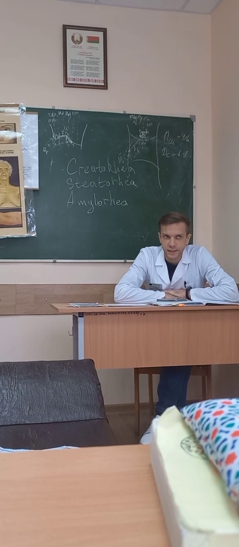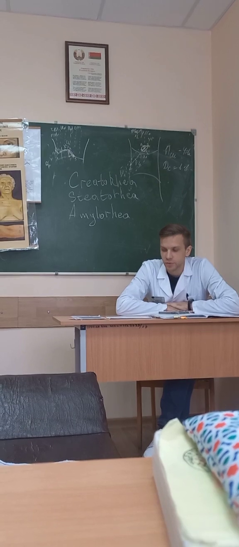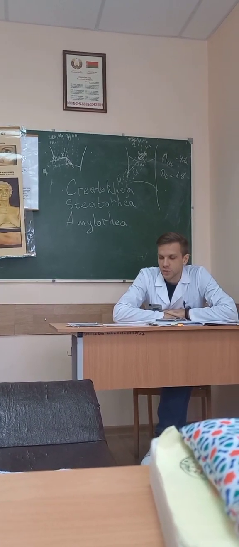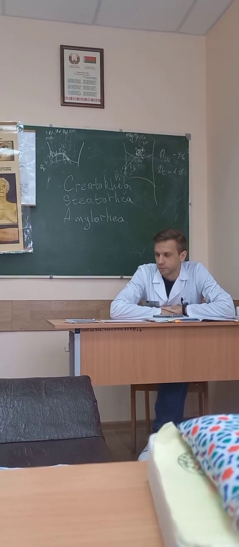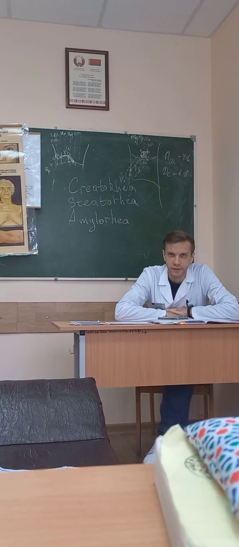Also, using this test, we can suspect some diseases. To suspect diseases, we need to assess everything and try to make a summary. First disease which we can find is enteritis, inflammation of small intestine.